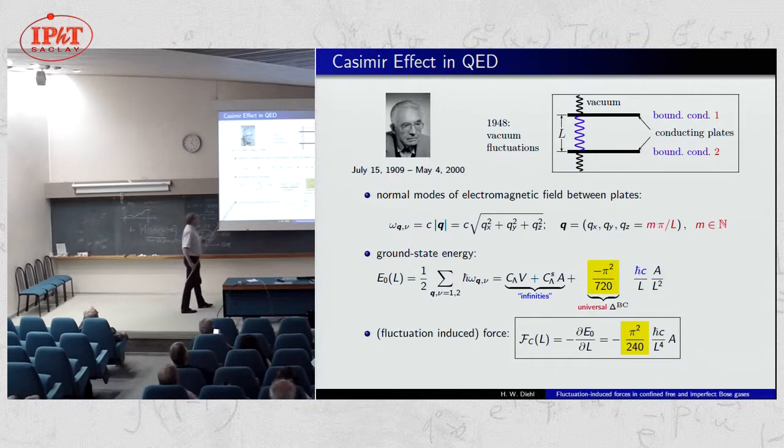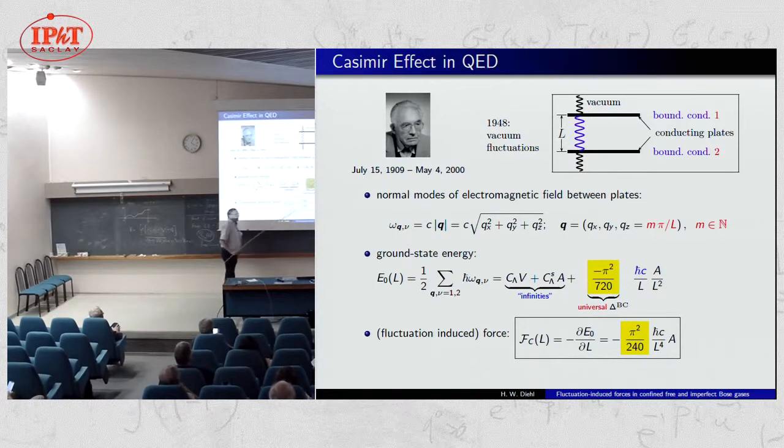The electromagnetic fields have to obey Dirichlet or Neumann boundary conditions on the plate, depending on the modes, and therefore the wave vector perpendicular to the plate takes on discrete values. And if you compute the energy, then you see there is a correction which turns out to be finite.